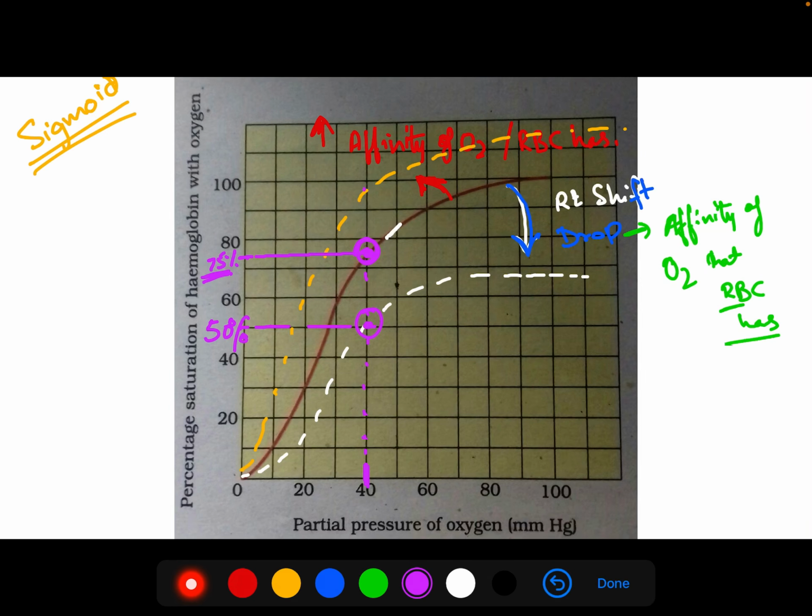Similarly, in the yellow curve, which represents the left shift, you can see the saturation has increased to about 97%. And this is with respect to the same partial pressure of oxygen of 40 mmHg. So this is just to give you a concept.